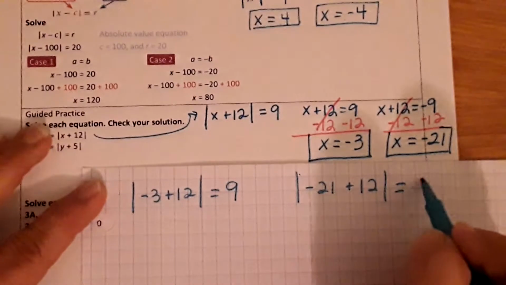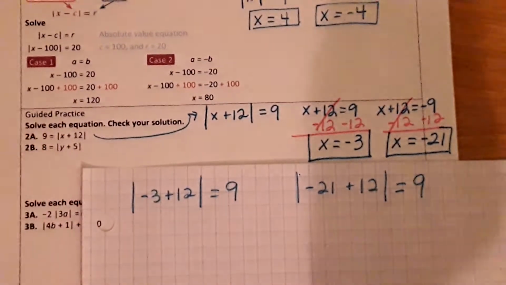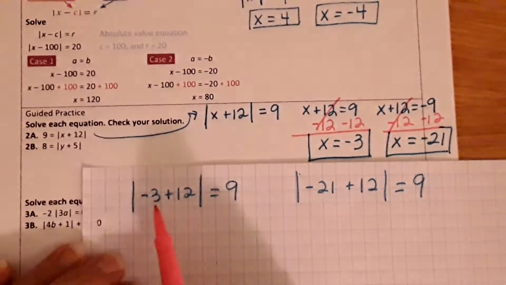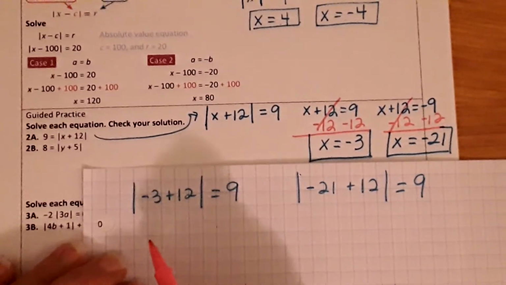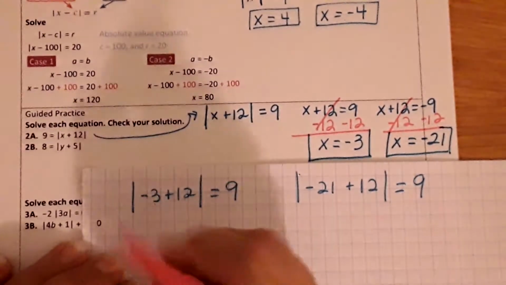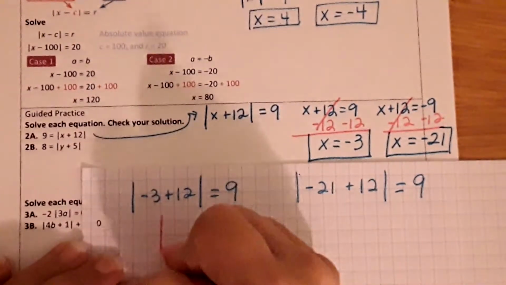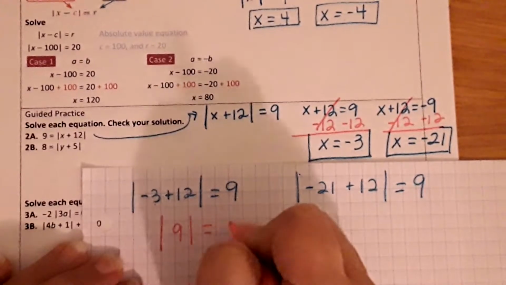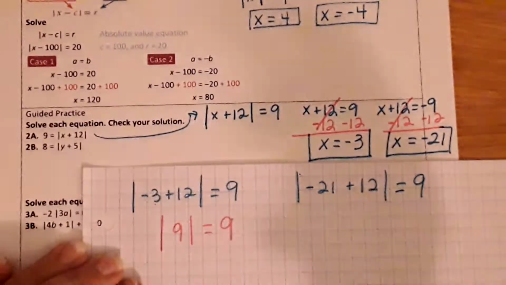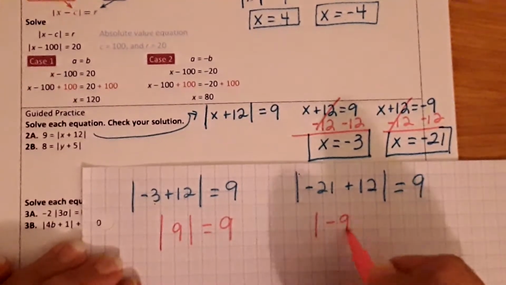You guys, it's really important that you check these. If you check them, you will always get them correct. Well, if you have your calculator, which I'm sure you do, nothing's wrong with that. Negative 3 plus 12 is 9. Negative 21 plus 12, do that in your calculator, is negative 9.